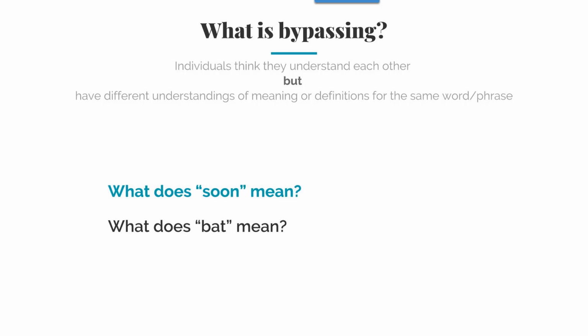And they would finally end up saying, oh, we're both talking about the same thing. You just use that word and I use this word. Well, think about how significant this becomes if you don't see each other face to face. If you're doing this via email, this is a big deal. So consider how bypassing can function and how often this becomes an issue in business communication.